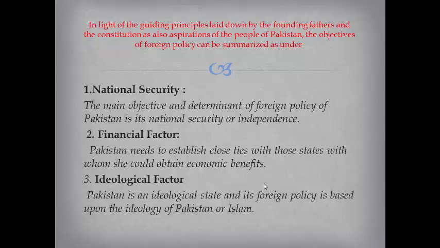Indian aggressive designs in Kashmir, Hyderabad, and Junagadh had created security threats for the newly independent state. Pakistan had to look for friends to boost her defense and economy and also to enhance her diplomatic pressure. The leadership of Pakistan preferred the USA for military and economic aid for the security concerns of Pakistan.